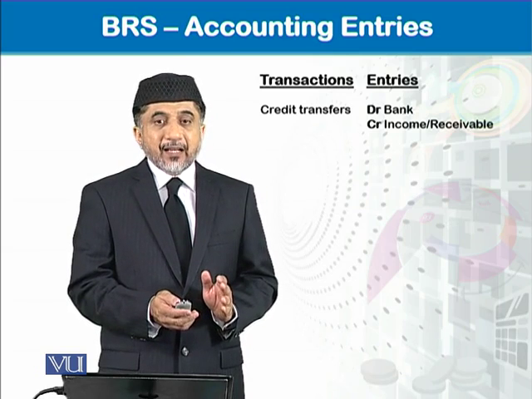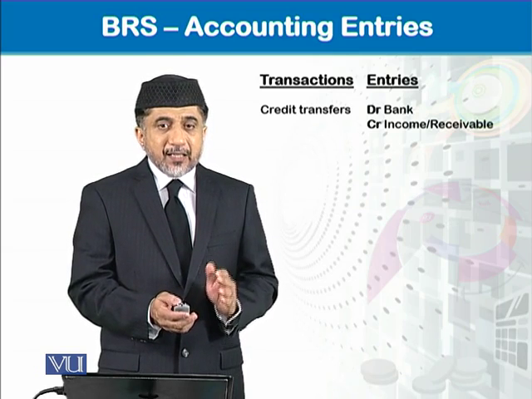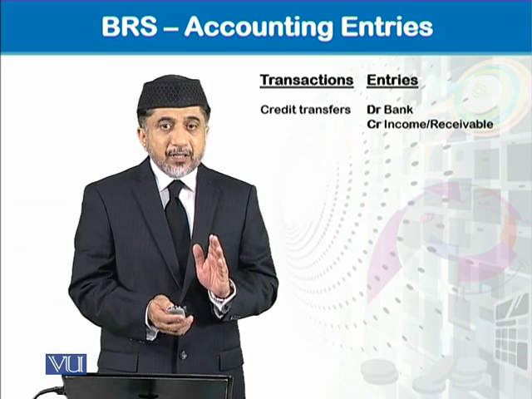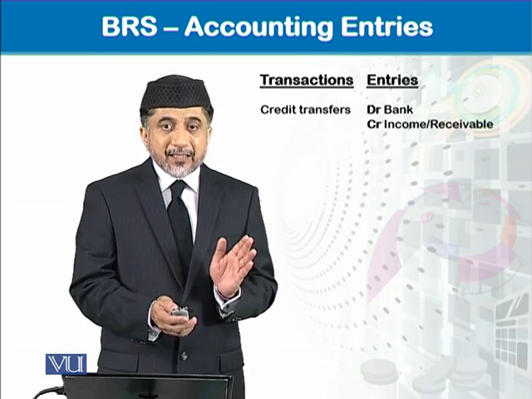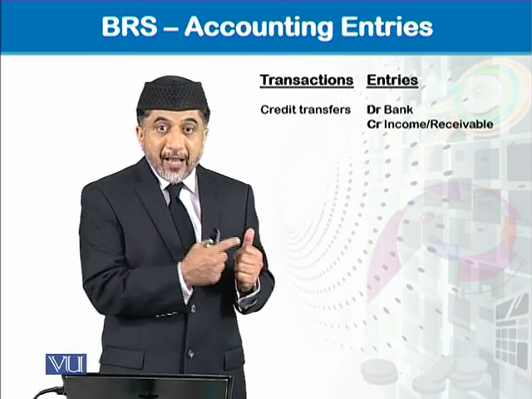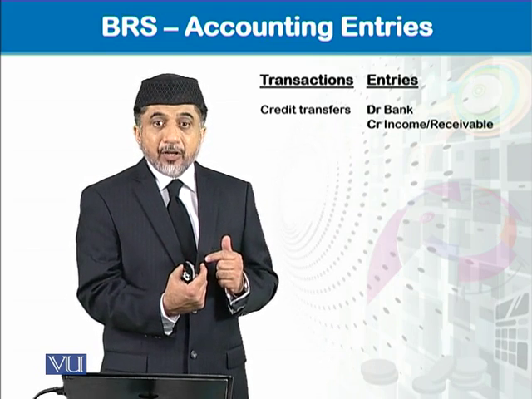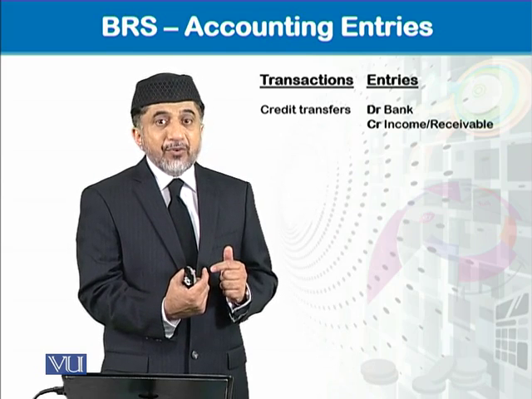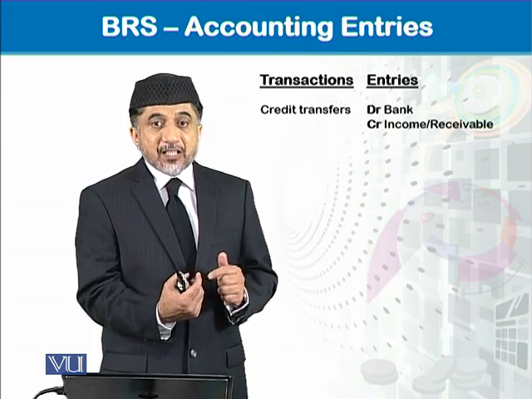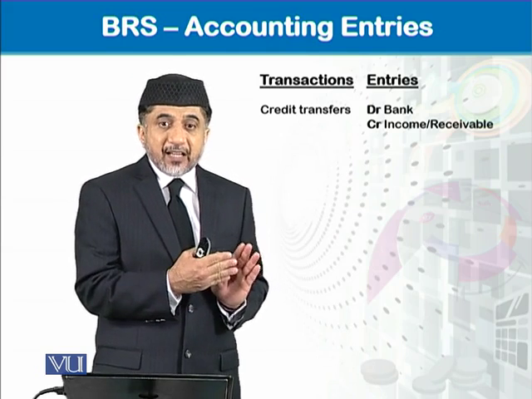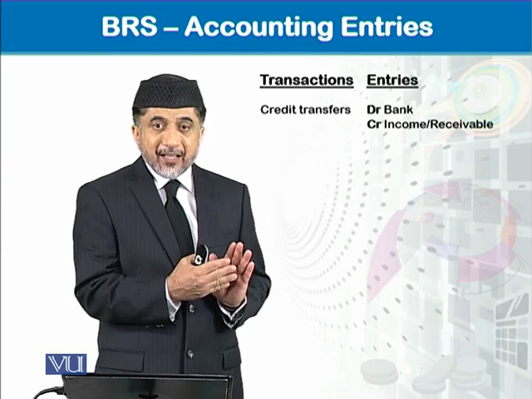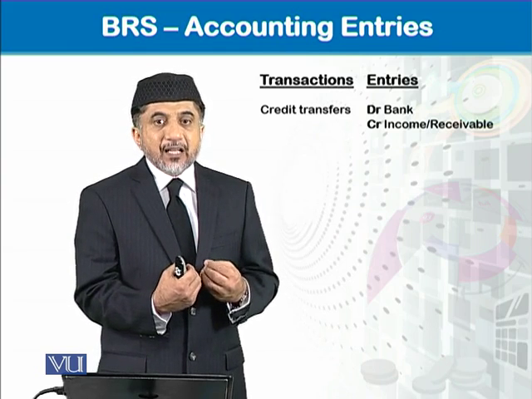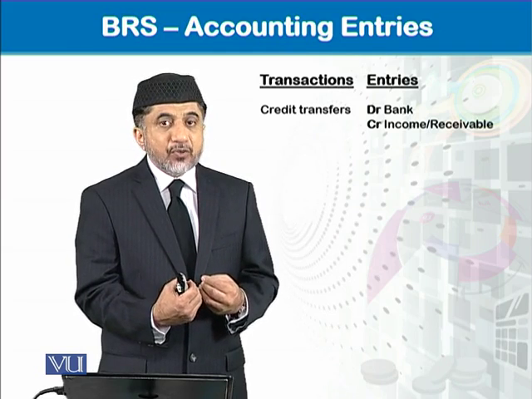So the accounting entries that we will be passing in our books of account include credit transfer. Credit transfer means that someone has transferred a credit into our bank for which the banker did not pass this information to us in a timely manner. When we get to know that this credit has been transferred directly into our bank, then we must record this accounting phenomenon in our books of account.